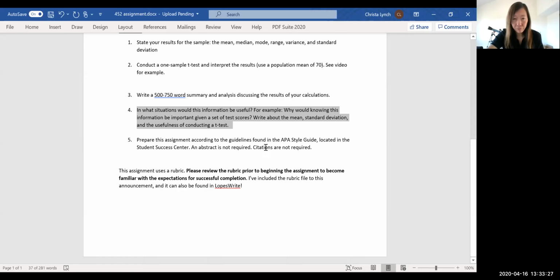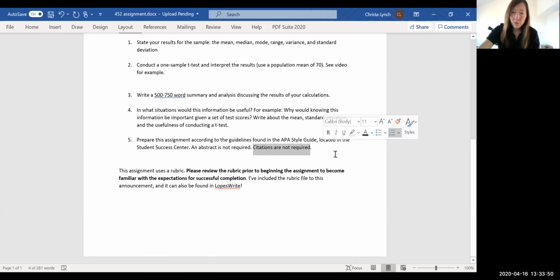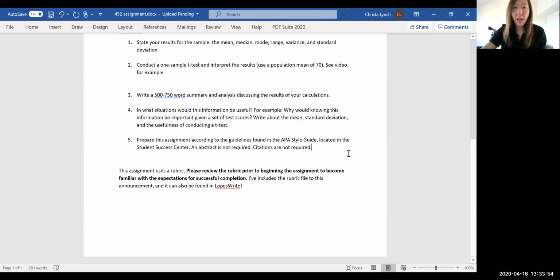You need to prepare this assignment according to the APA style guide located in the Student Success Center. An abstract is not required, and I've subtracted this. Citations are not required. If you want to use a citation, you may. I'll give you maybe 2 or 3 extra credit points if you do that, or if you've already done that.